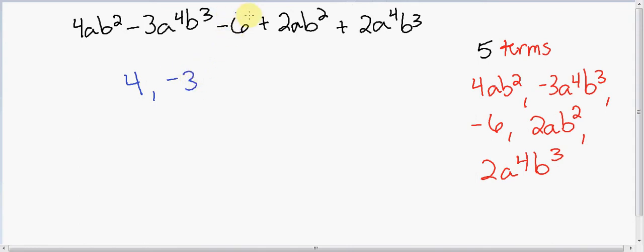This third term right here is a constant, a number by itself, so there is no coefficient involved there, so I skip that. I go to my next term, and that coefficient is a 2, and my coefficient for the last term is a 2 as well. Now if I wanted to list my constants, negative 6 would be my constant.